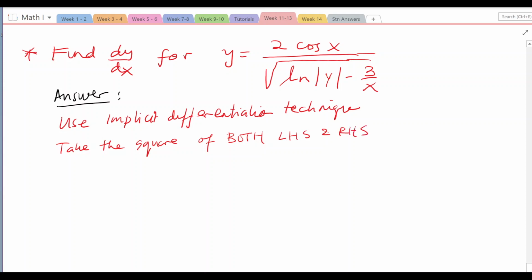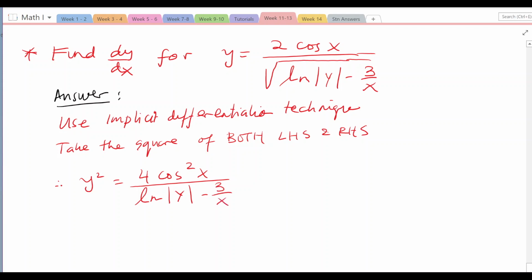So in other words, the equation becomes y square equals 4 cos square x, all over, only leaving behind the ln y minus 3 over x.